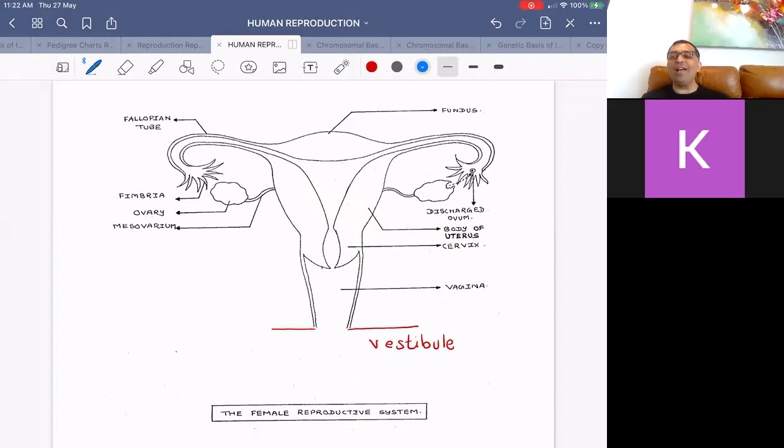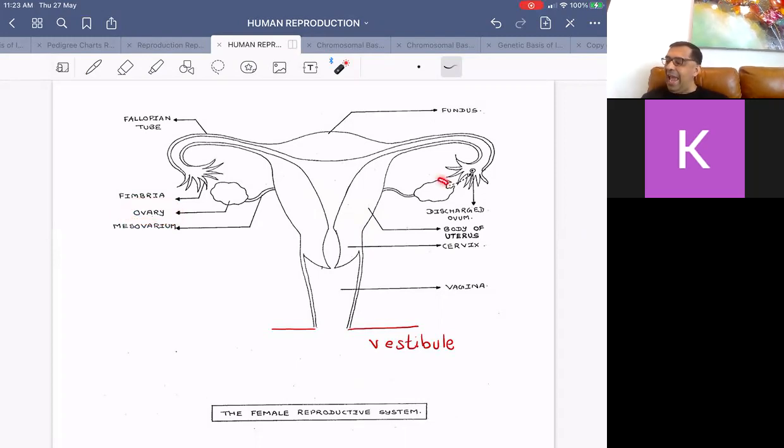So now that we have talked about the male reproductive system, we go into the counterpart, the female reproductive system. What are the parts of the female reproductive system? In the males, you have the male gonad called the testis. In the female, you have the female gonad called the ovary, which produces an egg.